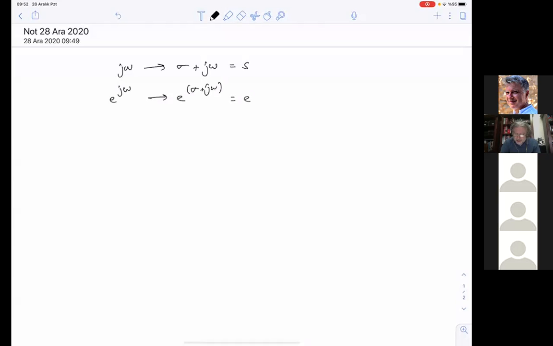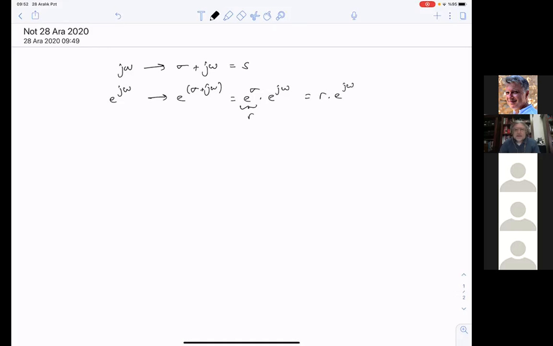And that is equal to e to the sigma times e to the j omega. Now, e to the sigma can be considered as now our new variable. We can denote this to be r. So I'm going to write it like r times e to the j omega.